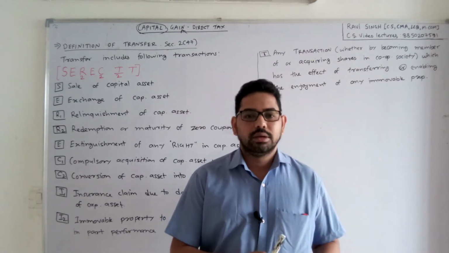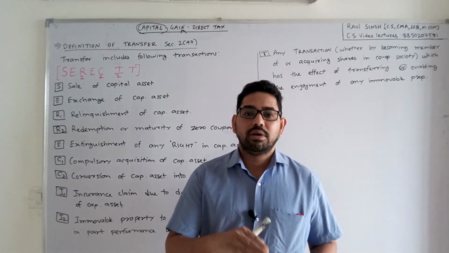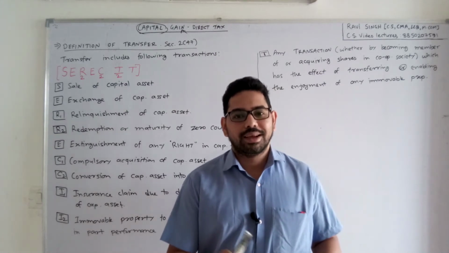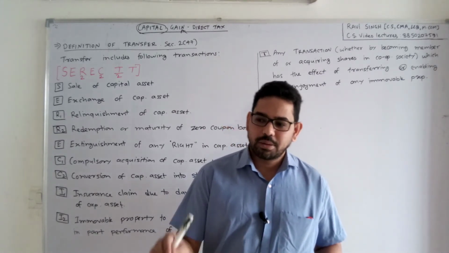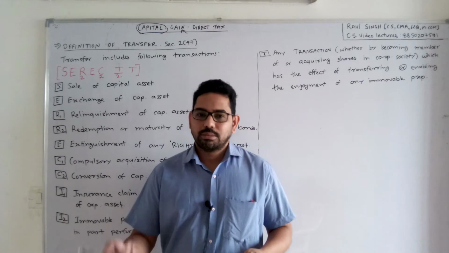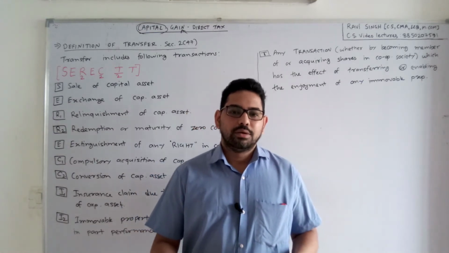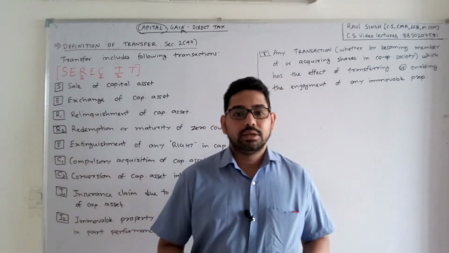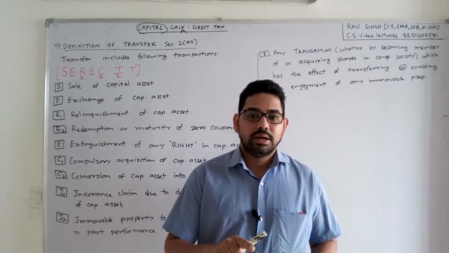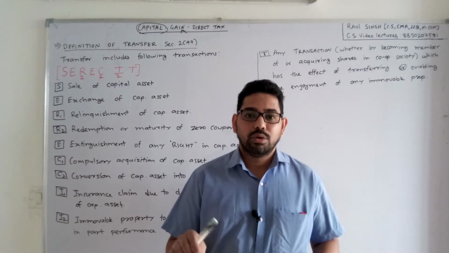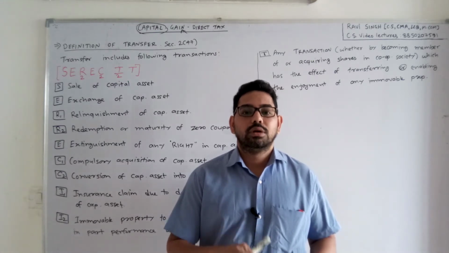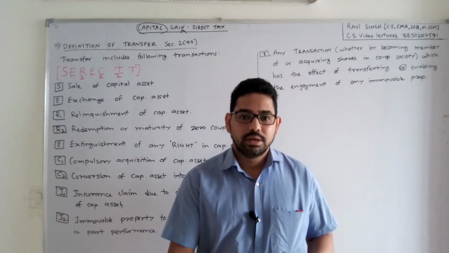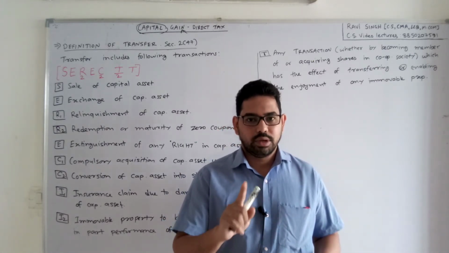In point number 3 it is mentioned that silver utensils are not taxable. You can eat food in silver utensils and keep them at home. If in the future you sell or transfer them, the gain will not be taxed. So if it is a silver utensil, it is non-taxable because it will be considered your movable personal asset. But if it is a gold utensil, it will be taxable. Okay, so keep this in mind.